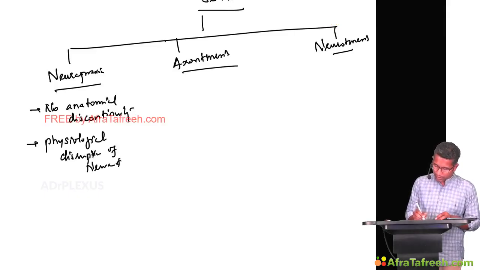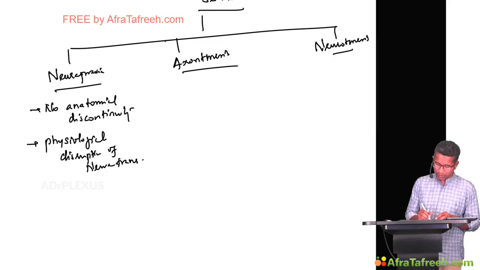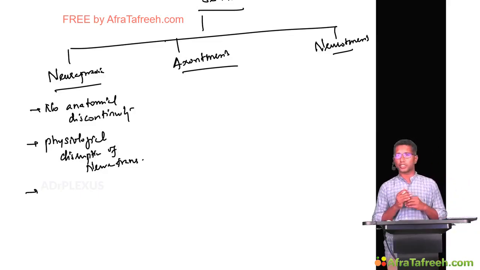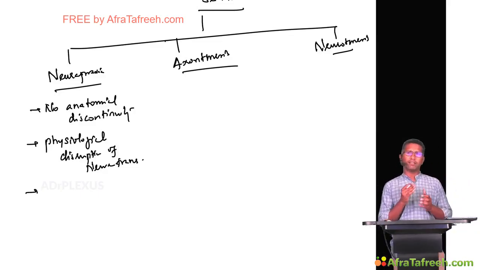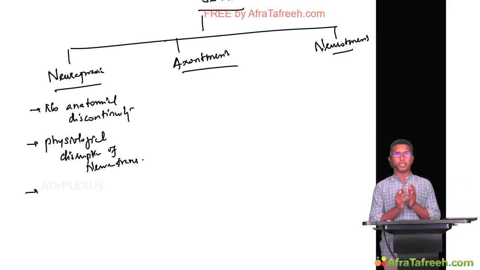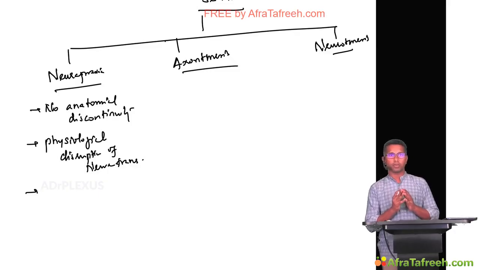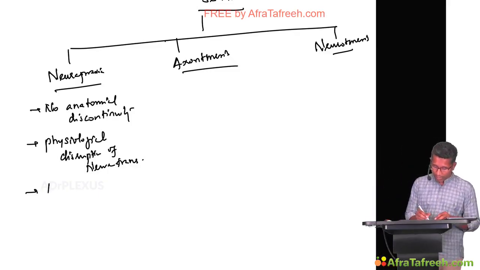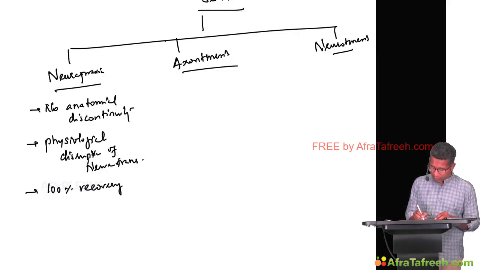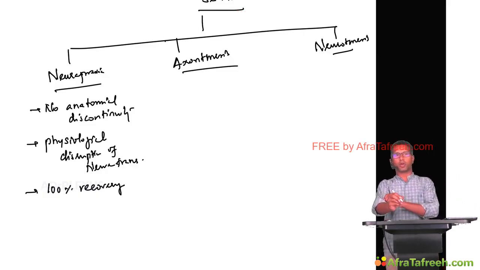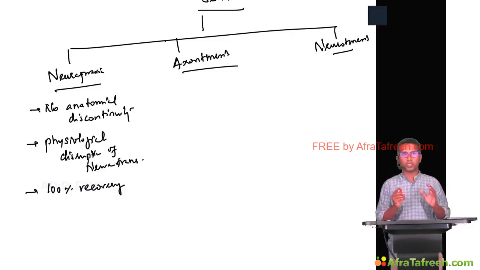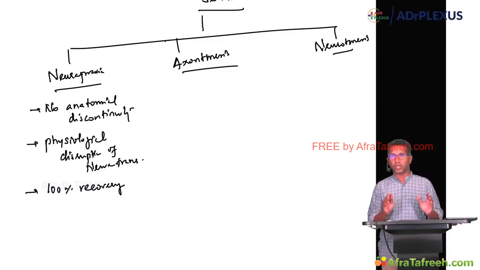This kind of nerve injury will recover very well. There is 100% recovery in this. So there is no problem with neuropraxia. It will recover well because there is no anatomical discontinuity.